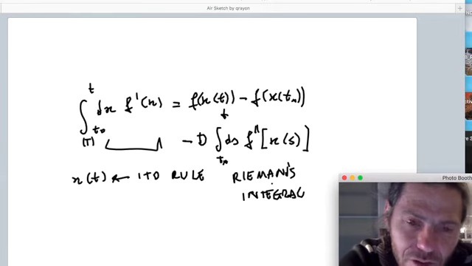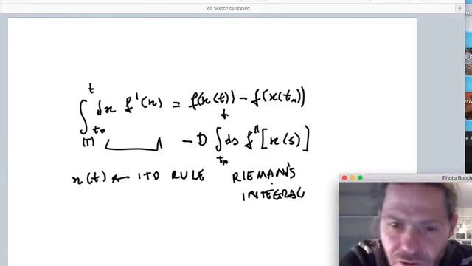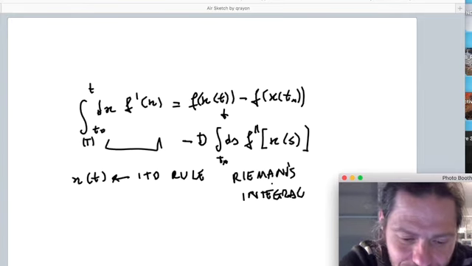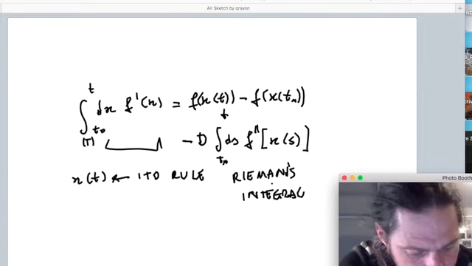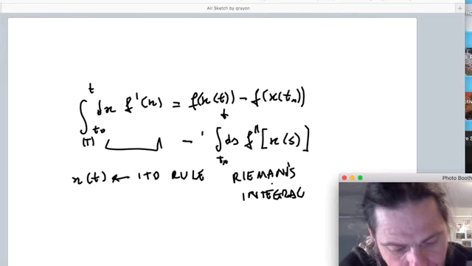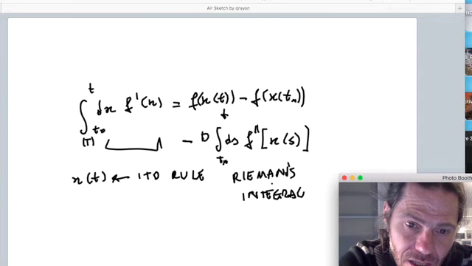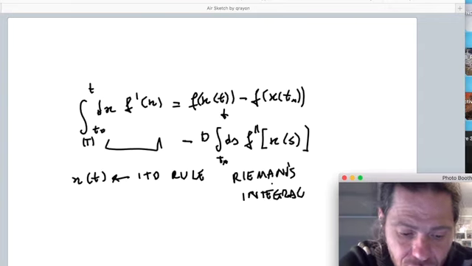So what we're discovering is that the fundamental theorem of calculus contains an additional term which depends on the diffusion coefficient D, and it is basically the integral of the Laplacian, the second derivative of the function, and it's defined through a Riemann integral.